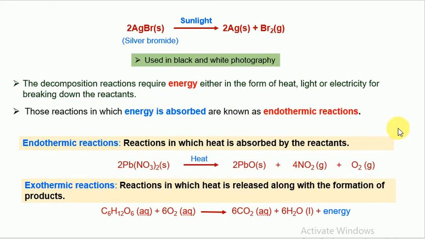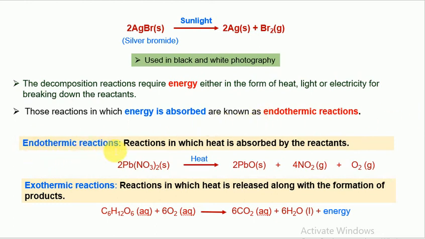Those reactions in which heat is absorbed are known as endothermic reactions. We have studied earlier in combination reactions that when two reactants combine and form a product and release energy, that release of energy was an exothermic reaction, and an endothermic reaction involves absorption of energy.